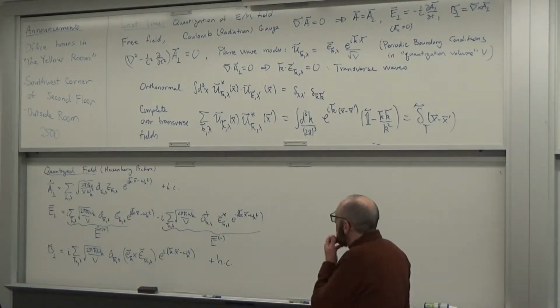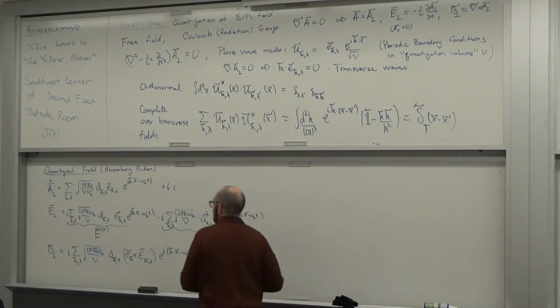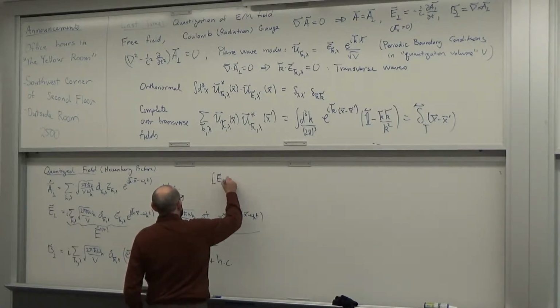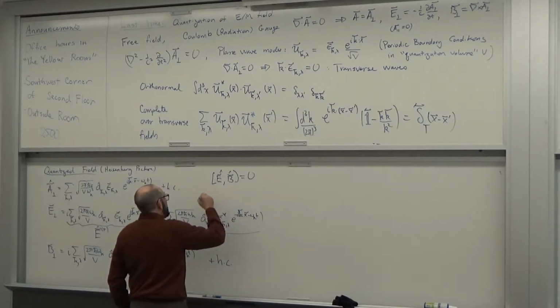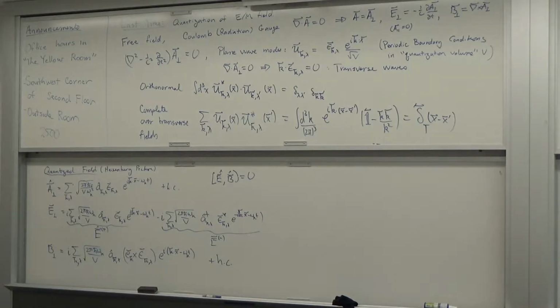So this is the direction of the magnetic field. Of course, E and B don't commute. Nor do any of these other fields. You can check for yourself.